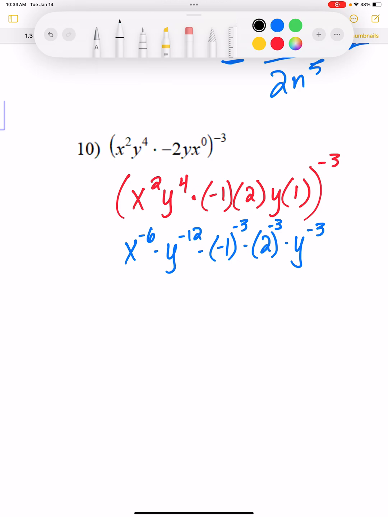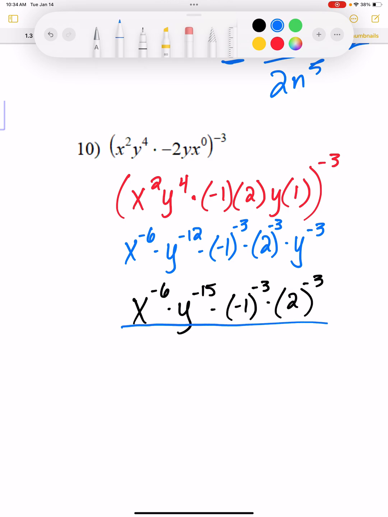All right, I'm going to combine stuff, try to simplify it. So this is x to the negative 6th times y to the negative 15th times negative 1 to the negative third times 2 to the negative third, and all right, now we're as simple as we can get it without handling the negative.